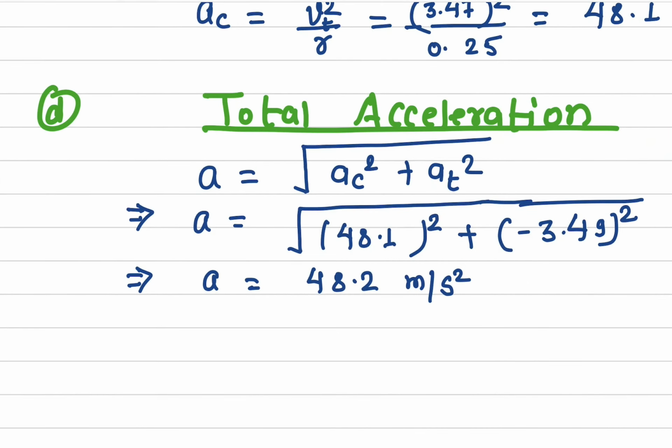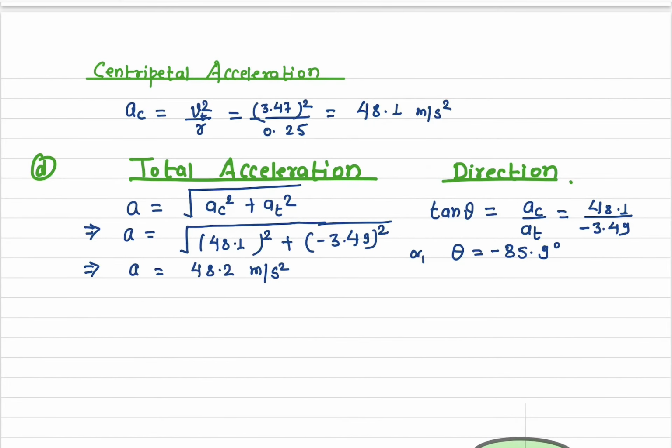That's how you find the hypotenuse. ac is 48.1 and at is negative 3.49, and what you get is close to 48.2. So the net acceleration is still close to the centripetal acceleration.